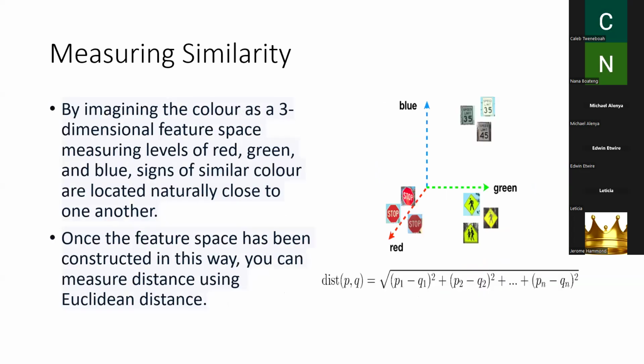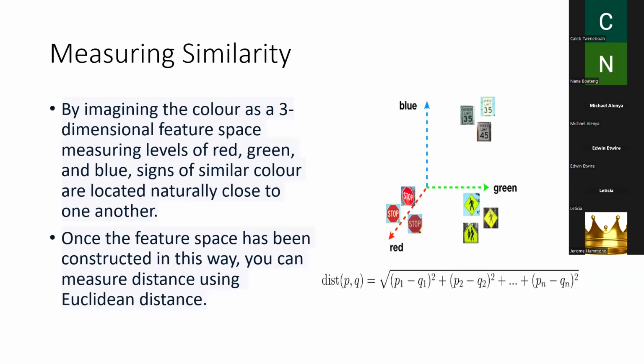Now, in order for the car to predict what the sign is, it uses Euclidean distance.